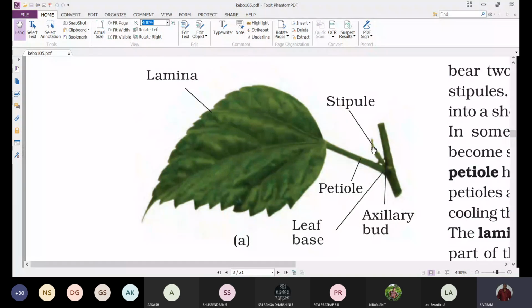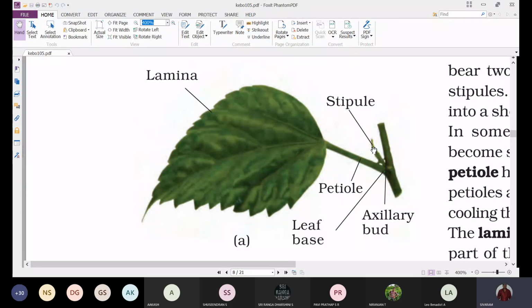Next, what does the lamina consist of? At the center of the lamina, we find a large vein. This large vein present at the center of the lamina, we call the midrib.